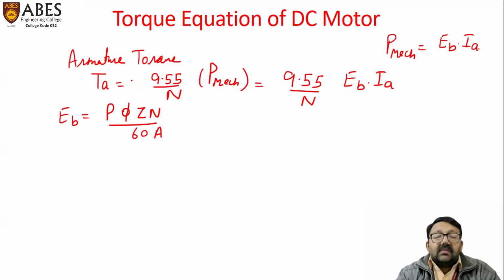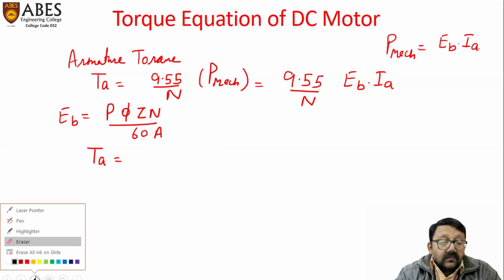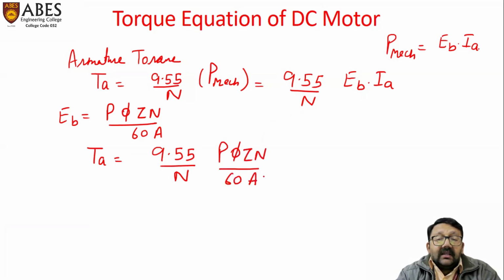So using this relation of back EMF, this TA can be written as 9.55 divided by N, and in place of EB we can write P phi Z n upon 60A, multiplied by IA.